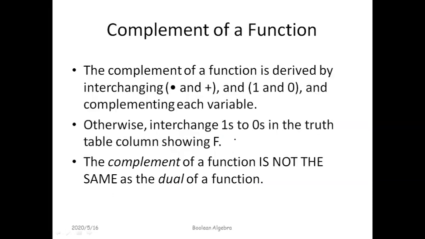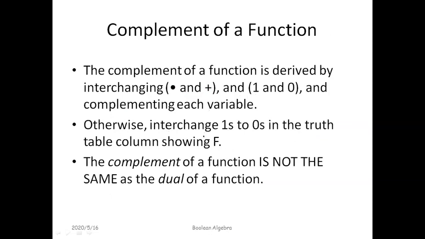The complement of a function. The complement of a function is derived by interchanging the dot and the plus, and also the 1 and the 0, and complementing each variable.